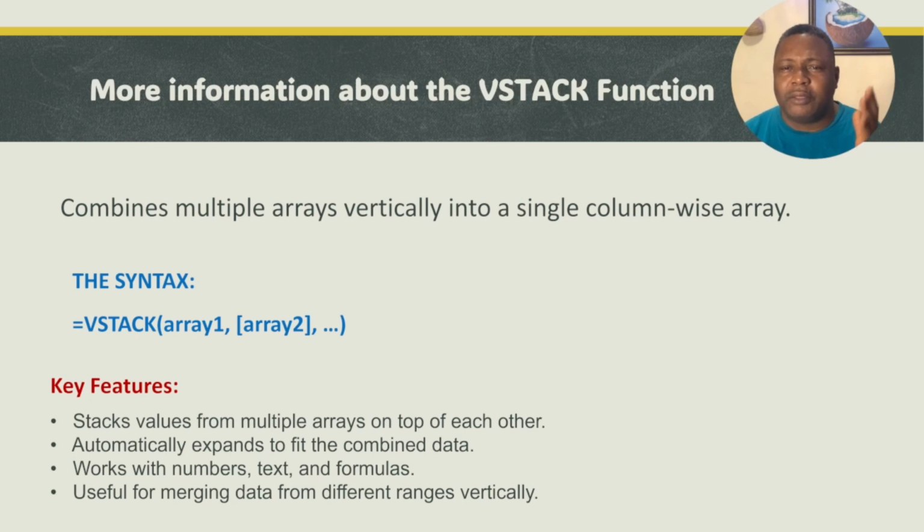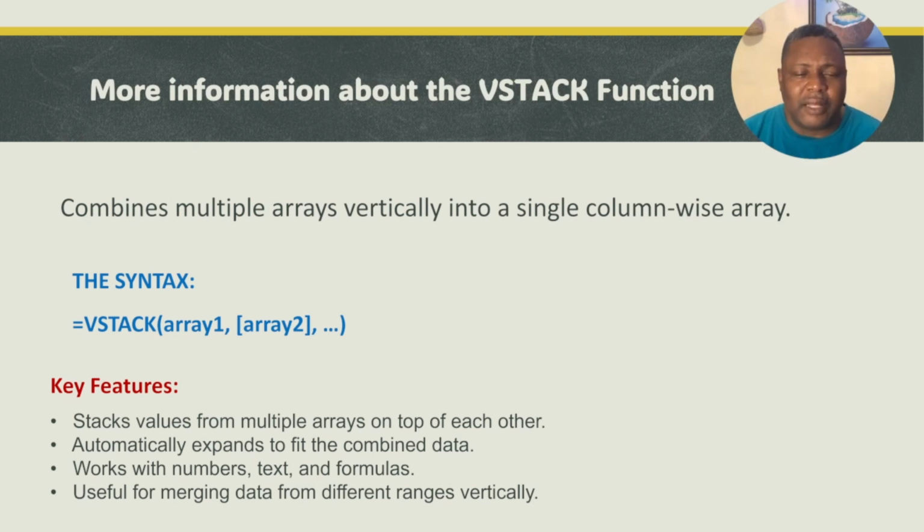That is, you pick a value and merge it with another side by side, or you merge at the bottom. So that is what the HSTACK and the VSTACK look like. The VSTACK is merging at the bottom, not side by side, while the HSTACK merges side by side. The VSTACK merges to the bottom.